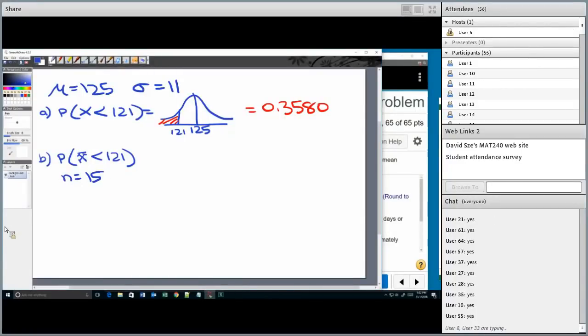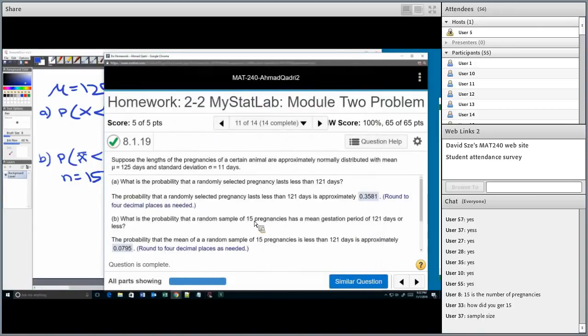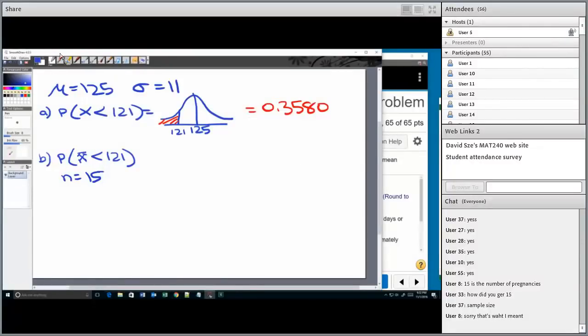Now I said, no, 15 is not the number of pregnancies. 15 is the sample size that we've taken, right? So it's the sample size that we've taken from this population. So it's a little different than, yeah, okay, that's what you meant. All right, so n equals 15.